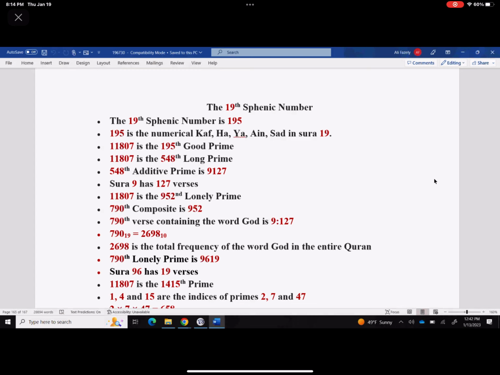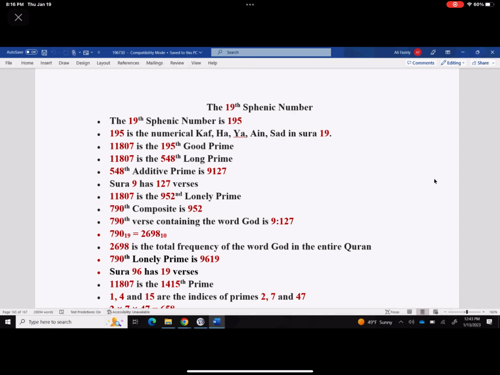That the K.H.Y.A.S in Surah 19 actually generates 9 having 127 verses. 11807 is the 952nd lonely prime, but the 790th composite actually happens to be 952. And the 790th verse containing the word God is 9127.